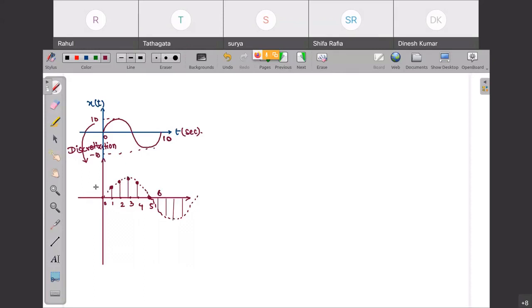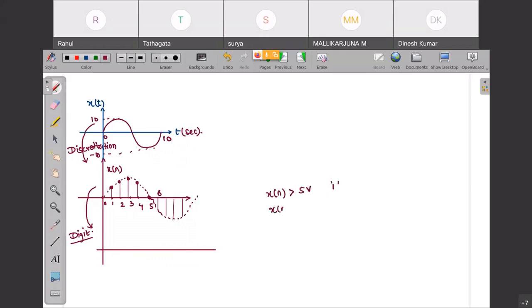The next step after discretization is digitalization. In digitalization, we simply discretize the amplitudes also. Suppose x of n at any time instant has a value greater than 5 volt, I will consider it as 1.